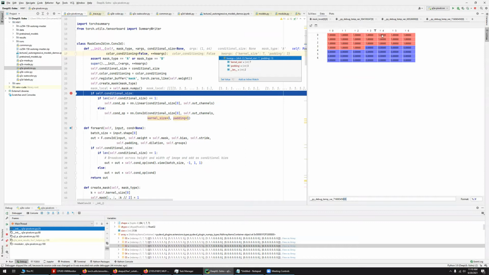We start with 3 columns and 3 rows of ones, and 3 by 3 is the first starting point because we have padding of 3. We take the picture and pad it with 3 all around, and the first filter, the first mask, has the zero here. That's why the mask looks like this.